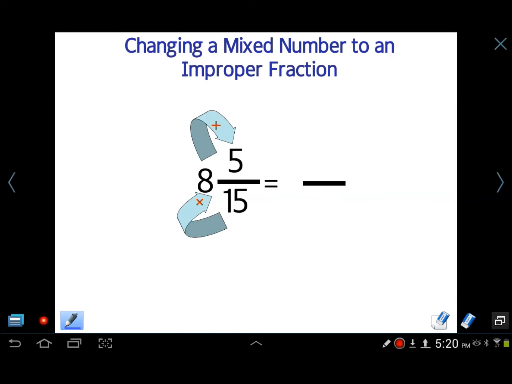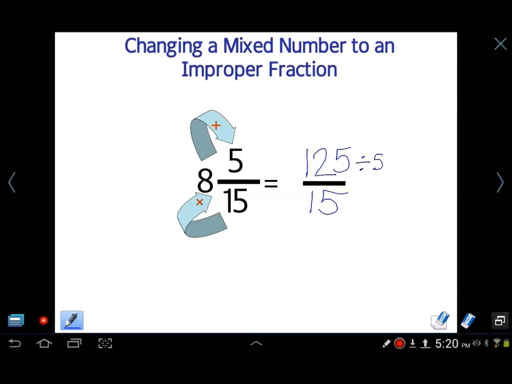If you want to just do it the way it is and not reduce it until the very end, go ahead. You still get the same thing. So 15 times 8, we've established in the previous problem, is 120. 120 plus 5 is 125. Now these are bigger numbers and you have to reduce them. It might not be as easy to reduce, but it's not impossible really.